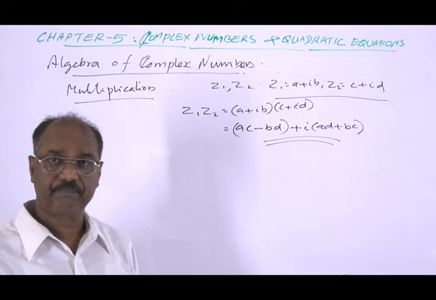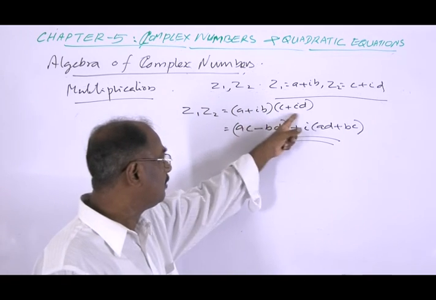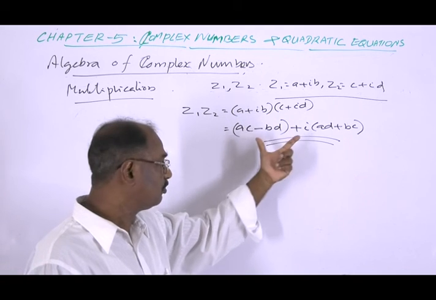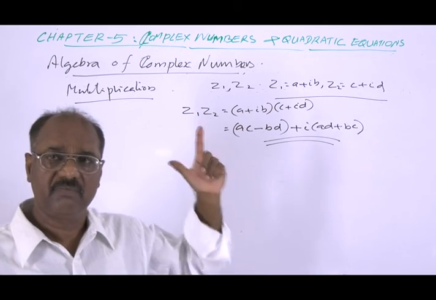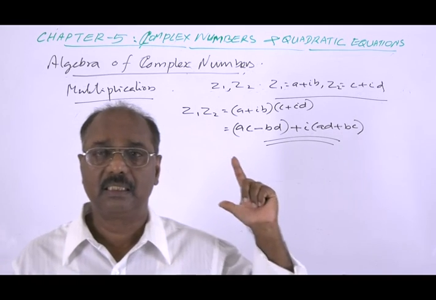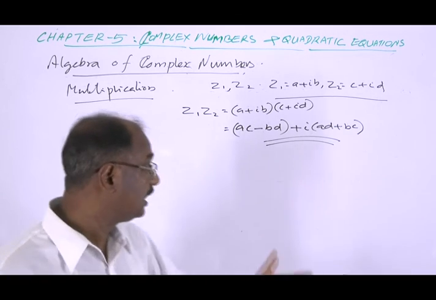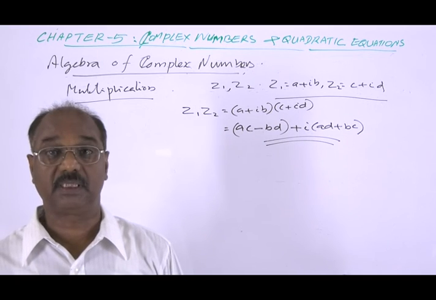You can verify this easily if we multiply term by term and rearrange the terms, you will get this. But we do not go into the details because we define the product in this way. This is the definition, so we need not verify this. So this is the definition of the product of two complex numbers.